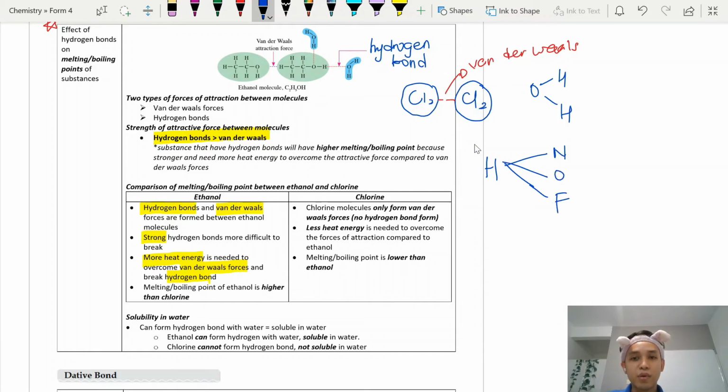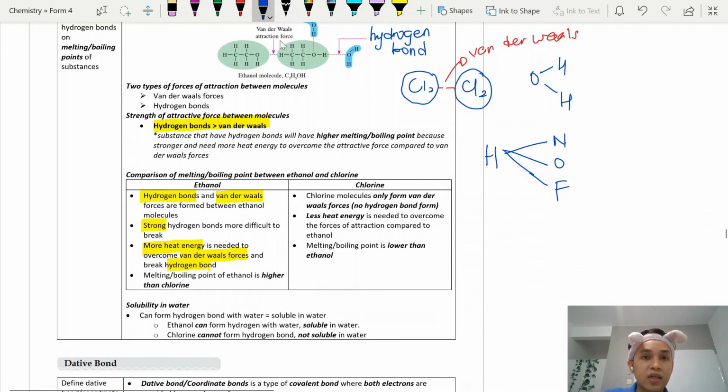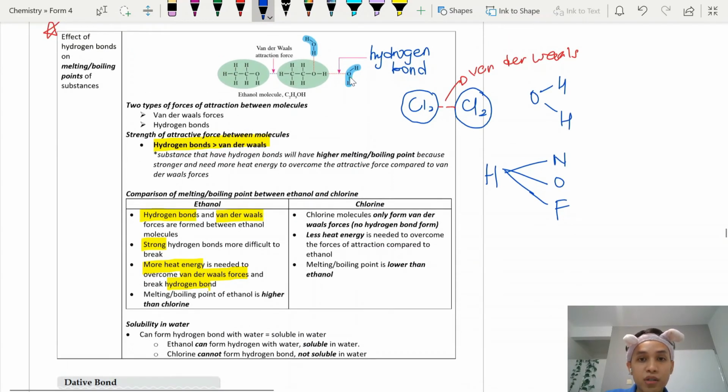One of the molecules must have hydrogen, the other molecule must have one of these three. Then only can you form hydrogen bonds. So ethanol can form hydrogen bonds with water, which means it is soluble in water.